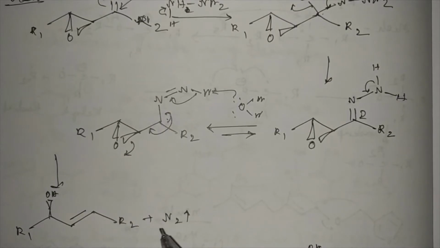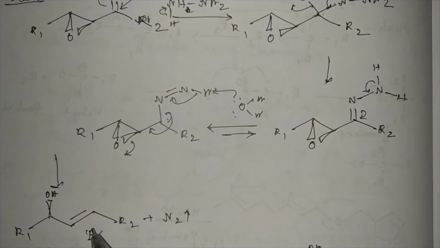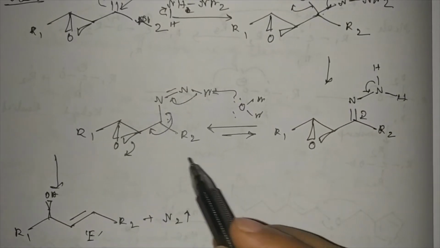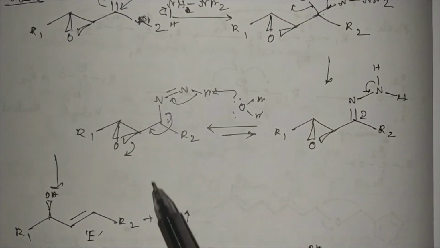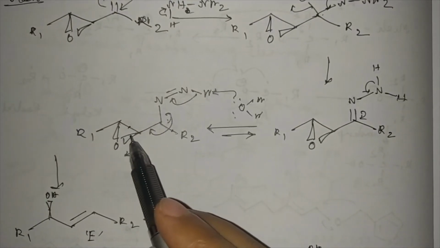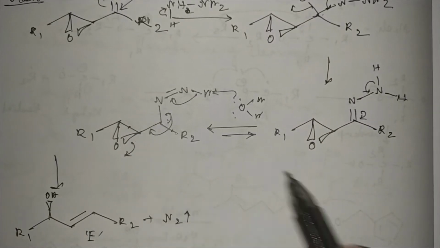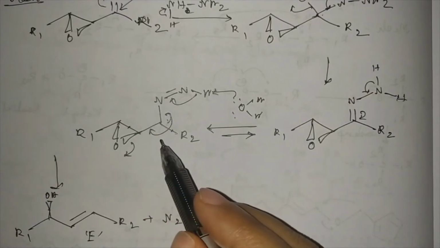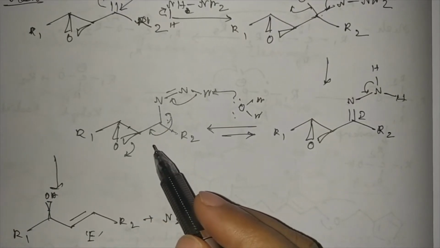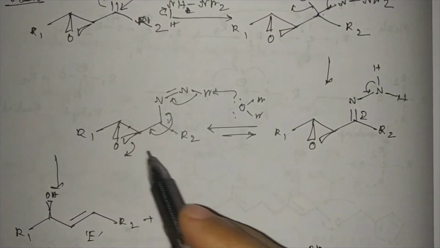One interesting thing you have to remember here is that the alkene will be trans, that is, the E alkene will be produced as a major product, and the Z alkene as a minor product. Why? This is because in this elimination, as you can see here, this group and this group will be in trans conformation, because if they are cis, then the transition state will have high energy and correspondingly the activation energy requirement will be high. This is simply an elimination reaction.